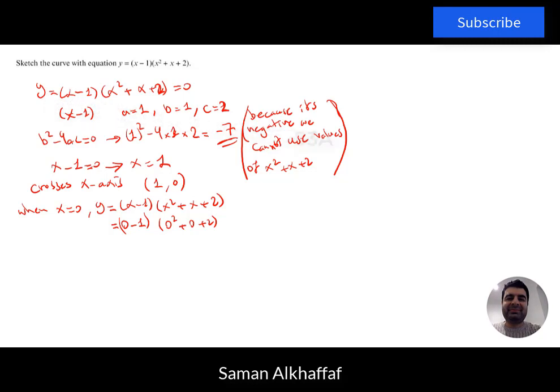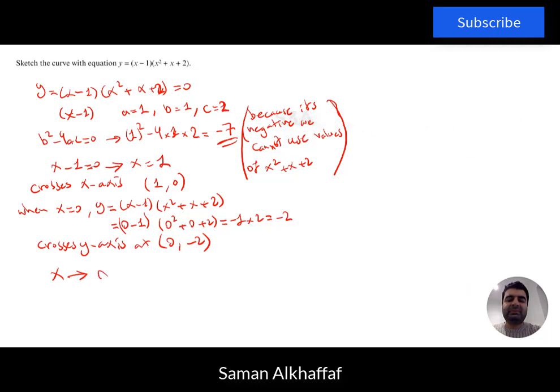So in this scenario we would have minus 1 multiplied by 2, so it will give us minus 2. So it crosses the y-axis at 0 and minus 2.